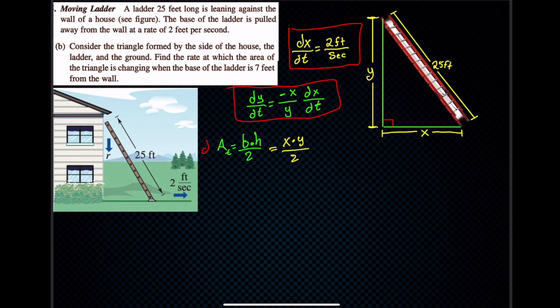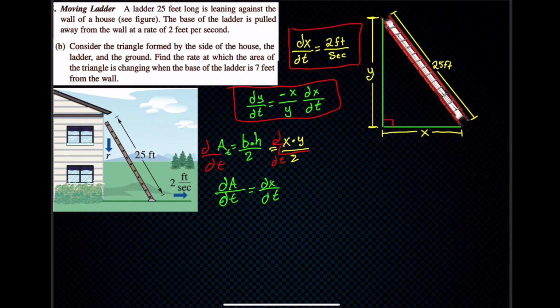So we take the derivative with respect to time of both sides of the equation, and we are left with dA/dt, the change in area over the change in time, and that will be equal to the value of x, which is dx/dt.